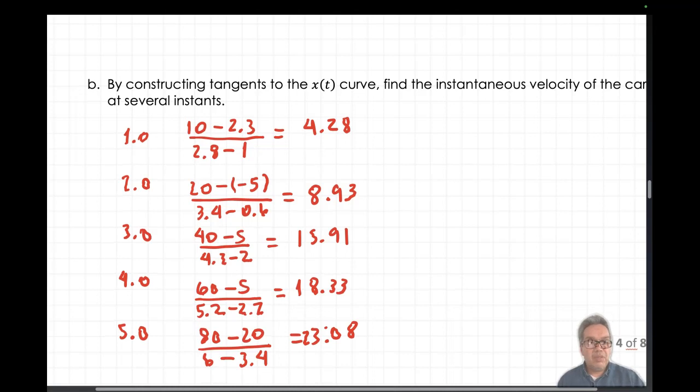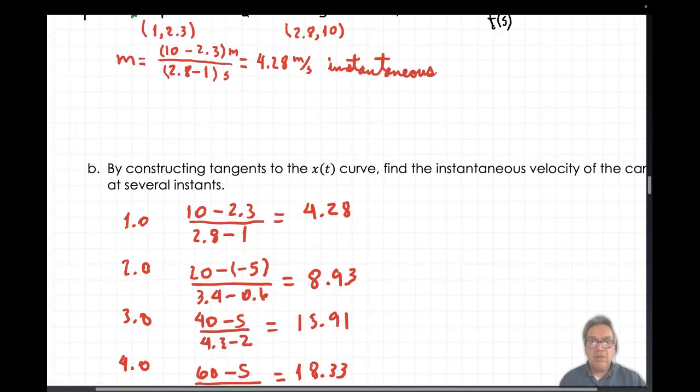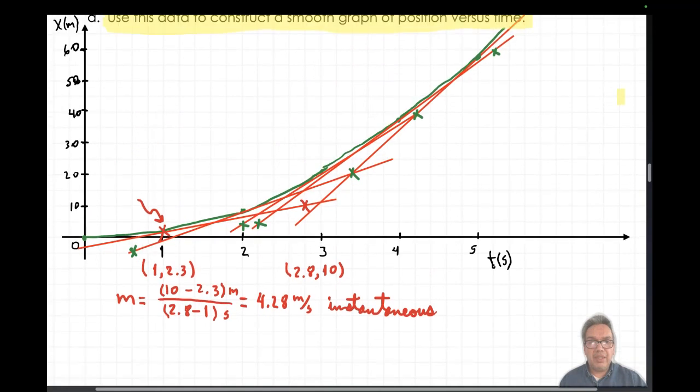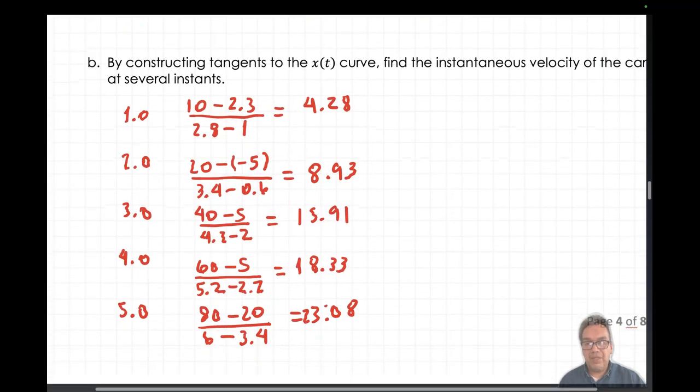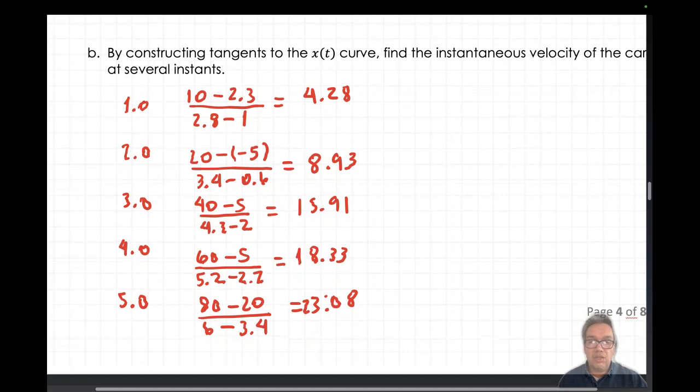So these are the values that we can calculate from each of the lines, getting each of the slopes for 1 second, 2 seconds, 3 seconds, 4, and 5. Notice that conspicuously, we have avoided calculating anything for the first time, for 0 seconds.